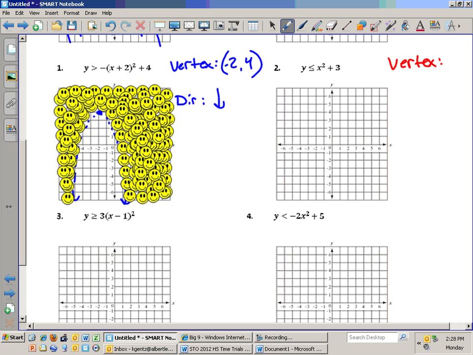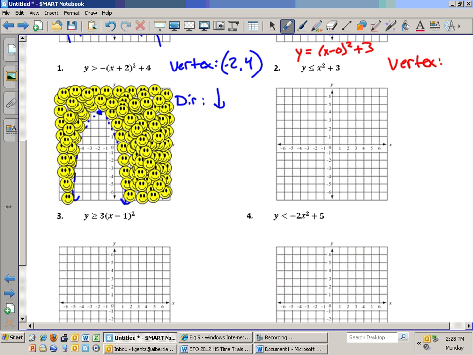Is this in standard form or vertex form? This is technically in both. You could read it in standard form or vertex form. This is like y equals x minus 0 quantity squared plus 3.